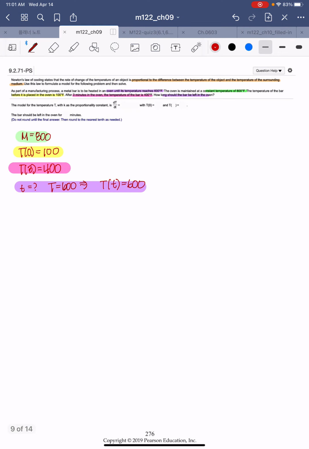So let's put it over here. This will be a limited growth model. Okay, and let's write our equation for the limited growth model. So dT/dt is equal to k times (M minus T).